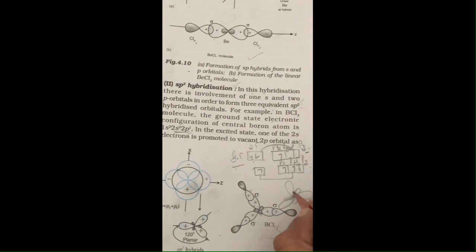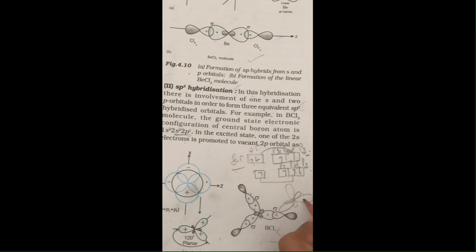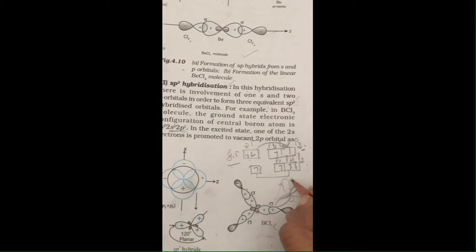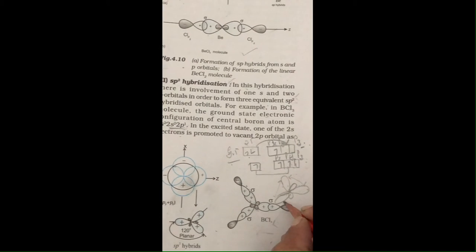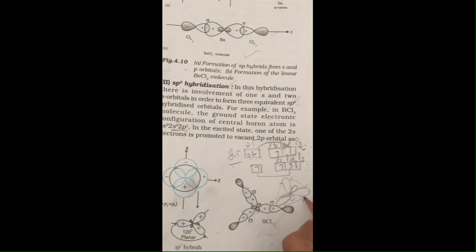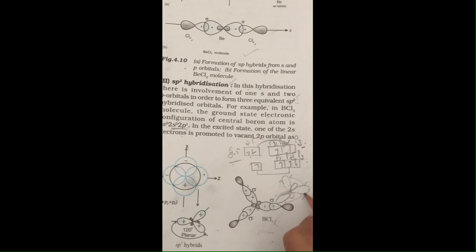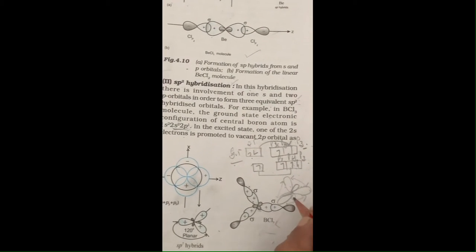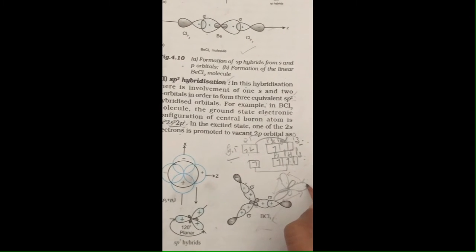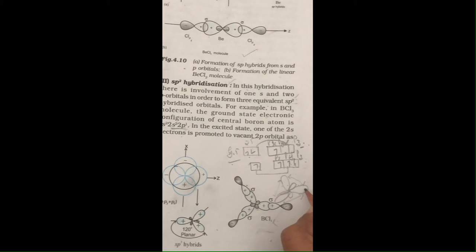Clear? And you can see that these 3 hybrid orbitals lie at maximum distance from each other to have minimum repulsions, because the geometry of the molecule is decided by the orientation in which the hybrid orbitals will have lesser repulsions.